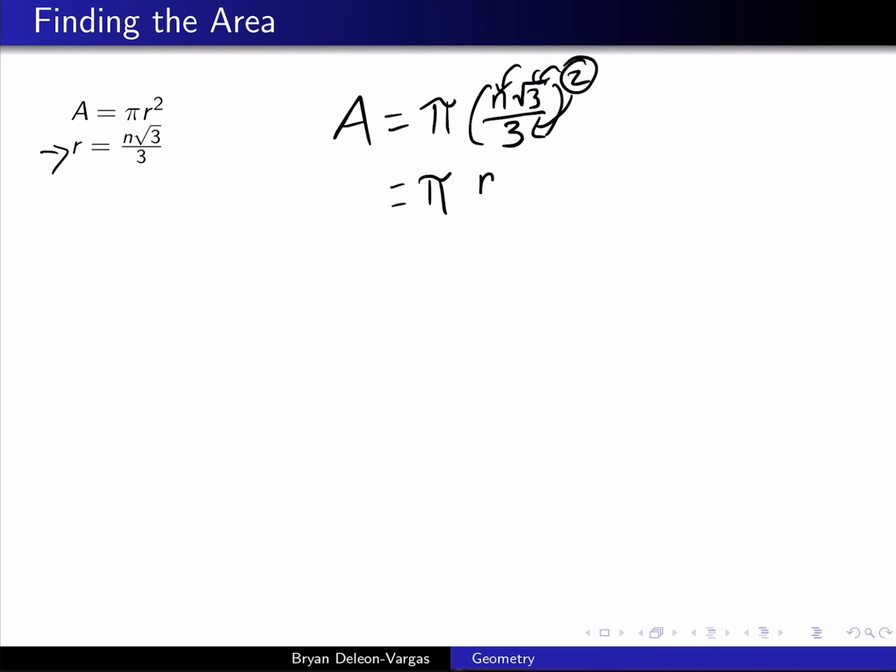So that is n squared times 3. The square root cancels out, and then we have 3 squared. Luckily, we have 3 over 3, which is why I didn't write it as 9. We'll just cancel this out, so 3 to the 1 is just 3. So our answer is going to be pi over 3 n squared.